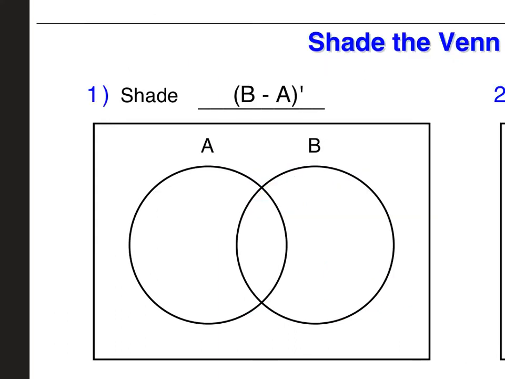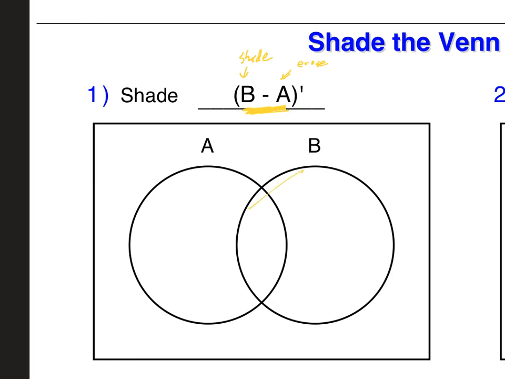All right, finally, let's look at this problem. The expression B minus A, and that expression, we are taking the complement of it. Well, much like other times in mathematics, we're going to look at the things that are inside the brackets first, and then we're going to worry about that complement. So this is B minus A. So we're going to shade the set on the left, and then we're going to erase the set on the right.